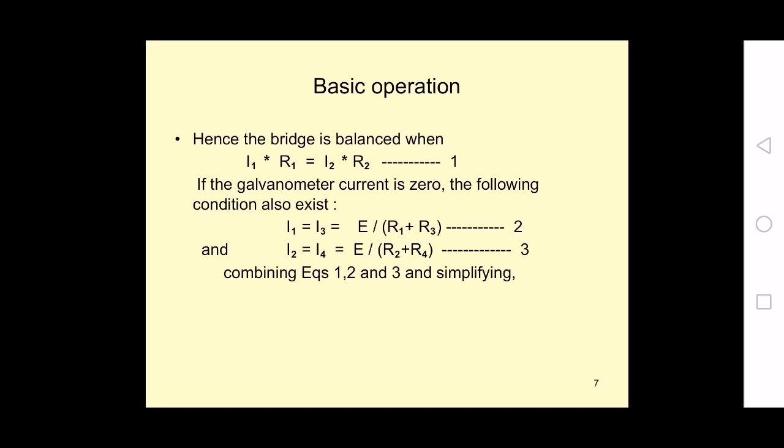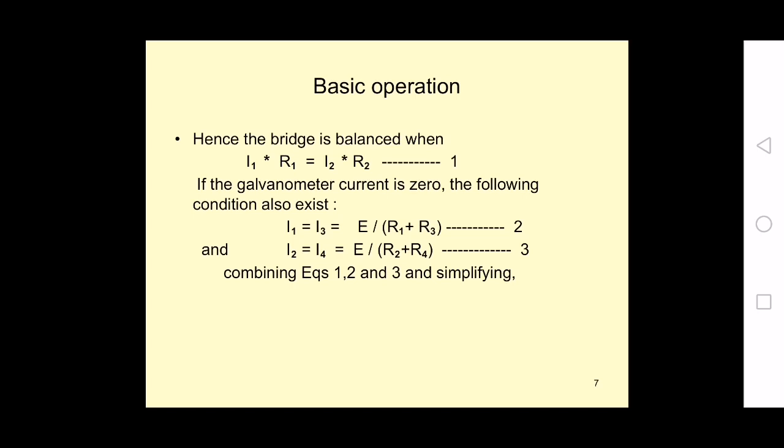So from that we can say that I1 R1 will be equal to I2 R2. If the galvanometer current is 0, the following conditions also exist: the current I1 will be equal to I3, and similarly I2 will be equal to I4.